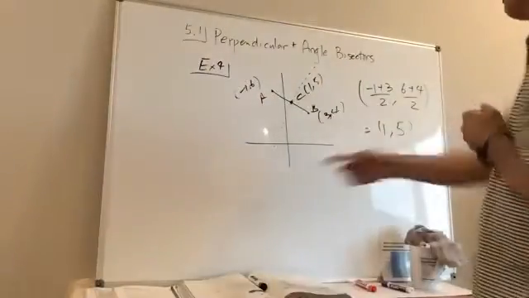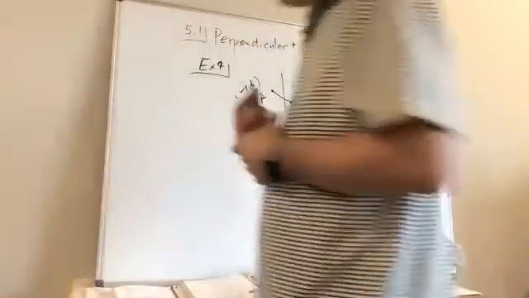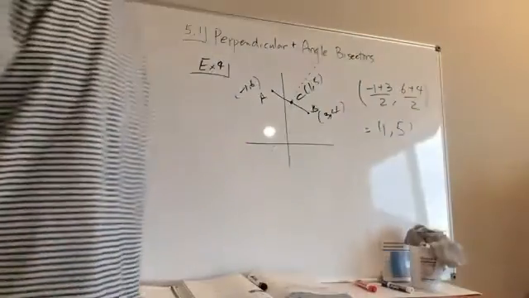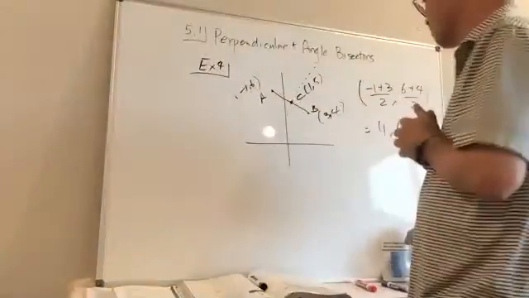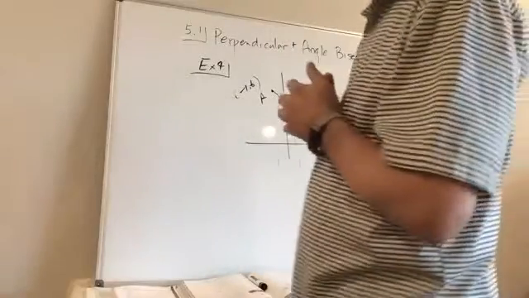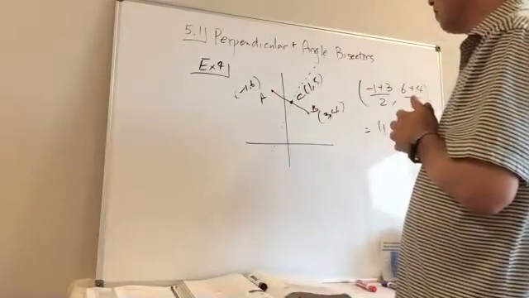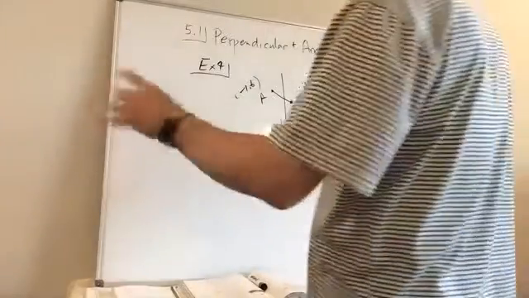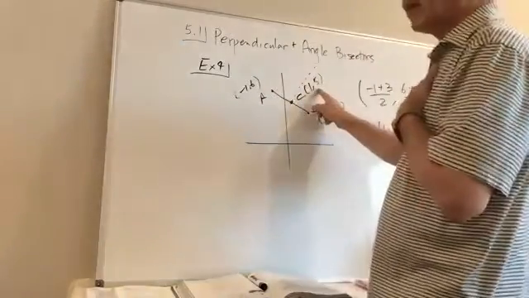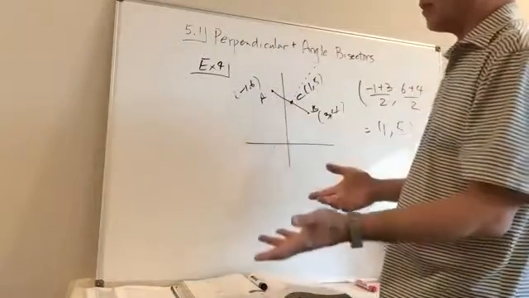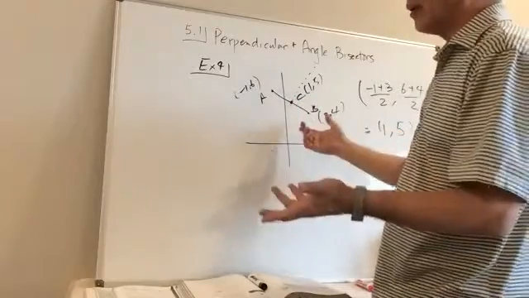Kayla, how would I find the slope of the perpendicular line? Would you use like the slope formula? Well, I only have one point, right? So I can't use a slope formula right now because I only have one point.